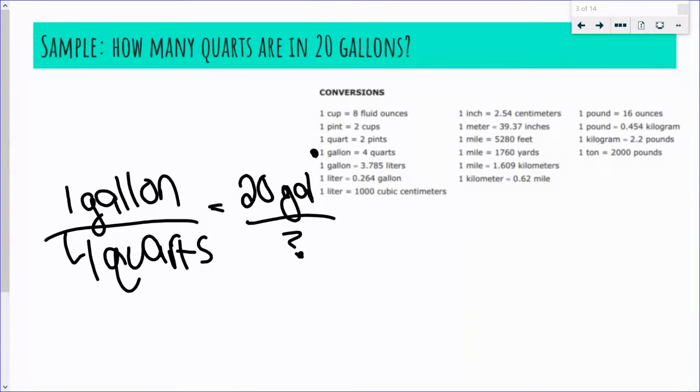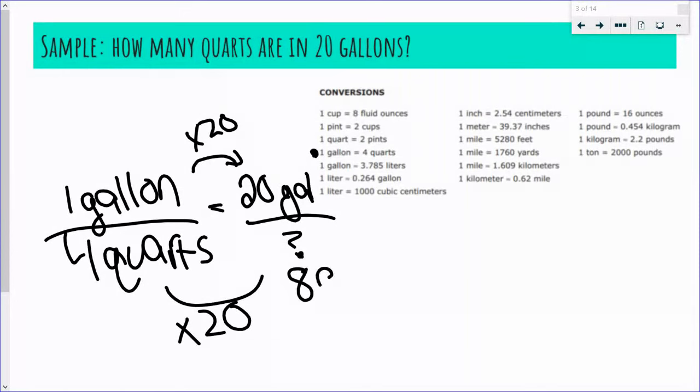Since 1 gallon is 4 quarts, to go from 1 gallon to 20 gallons, we're going to multiply by 20. 4 quarts times 20 is 80 quarts.